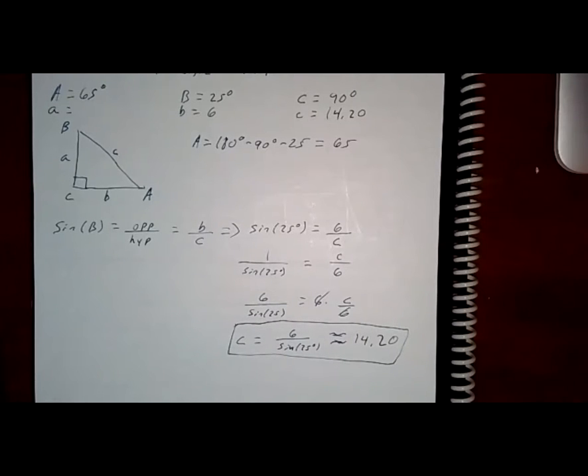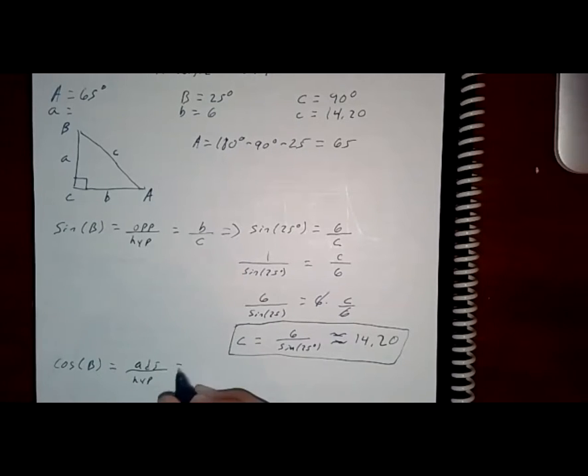Okay. So we got lowercase c. Now we need lowercase a. Now we'll use cosine for no reason. Cosine of B is equal to adjacent over hypotenuse, which is equal to a over c.